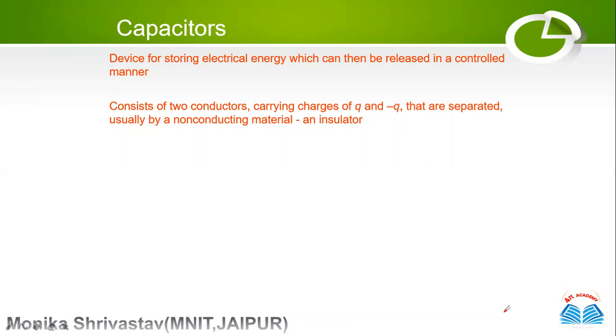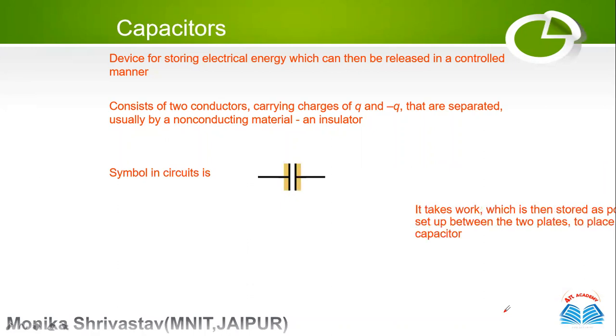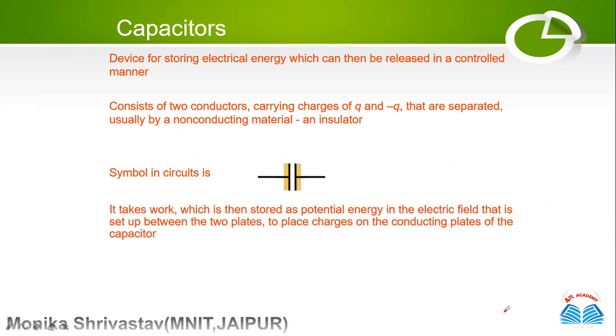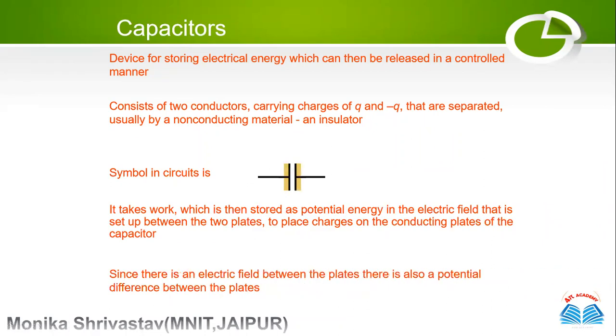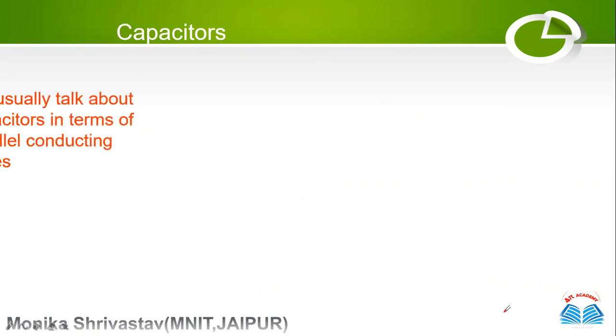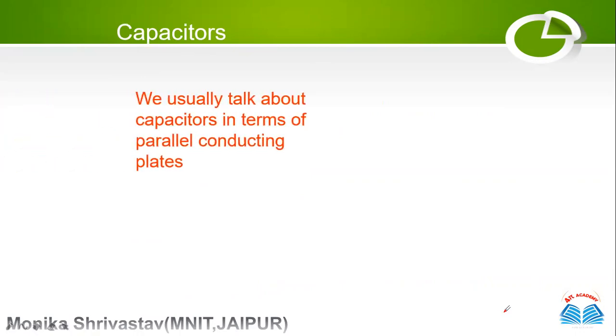We have studied the types of dielectrics too, and we can insert the dielectrics between those plates. The symbol of a capacitor is this one, and it takes work, which is then stored as potential energy in the electric field set up between the two plates, to place charges on the conducting plates of a capacitor. The electric field, the work, the capacitance, all these things we'll study one by one.